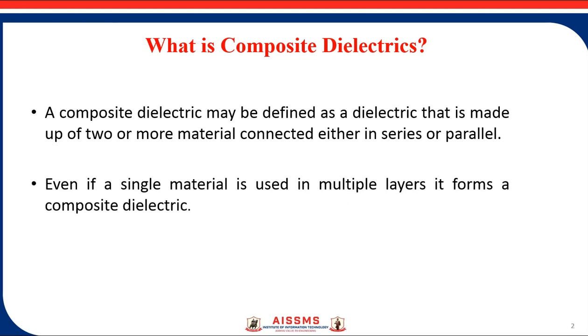A commonly encountered composite dielectric is the solid-liquid combination, or liquid-impregnated flexible solid like thin sheets of paper or plastic. This type of composite dielectric is widely used in a variety of low and high voltage apparatus such as cables, capacitors, transformers, bushings, etc.